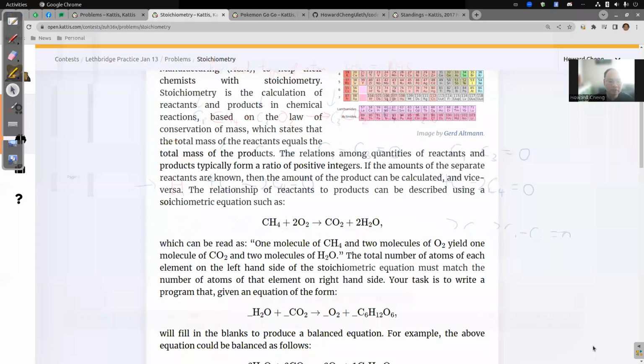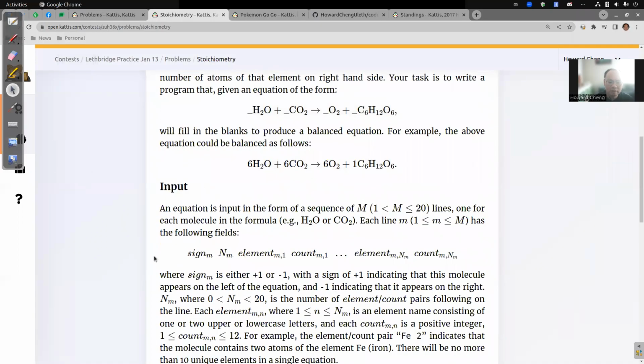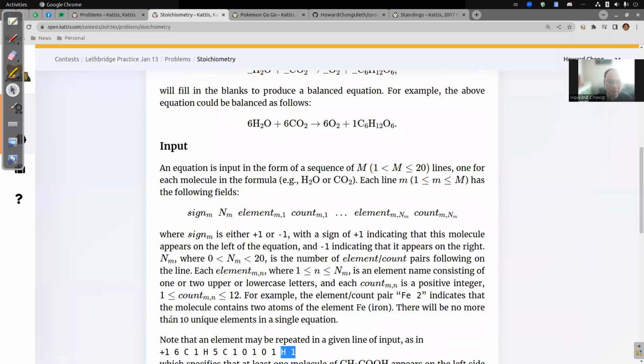Now they tell you there will be no more than 10 unique elements, so at most 10 equations, and the number of element pairs, and so on. Well, there could be up to 20 different things that appear, but they also tell you that there's at most one solution.